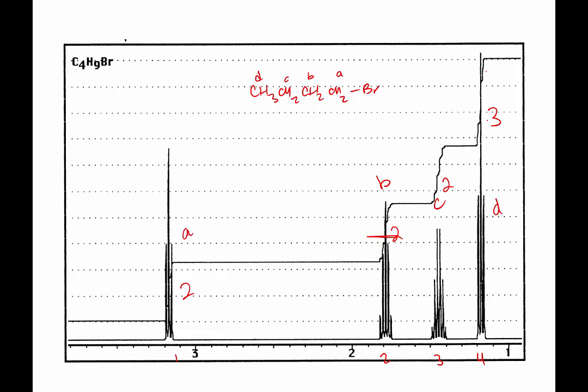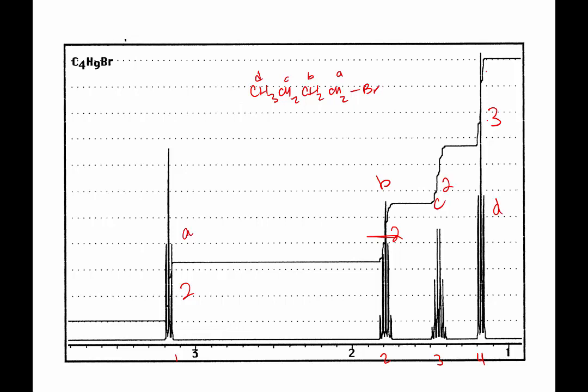When I divide those by the smallest number, I end up with 1, 1, 1, and 1.5. Since I can't have a fraction like 1.5, I have to multiply to give me a whole number, which means I multiply by 2 to give me 2, 2, 2, and 3. So what that means is this is a CH2 group, the second one's a CH2 group, the third one's a CH2 group, and the fourth one's a CH3 group.